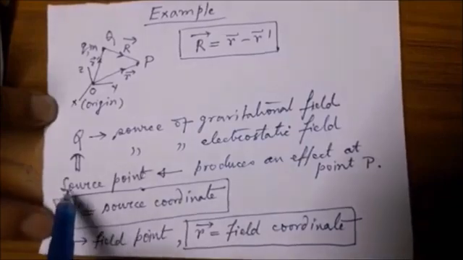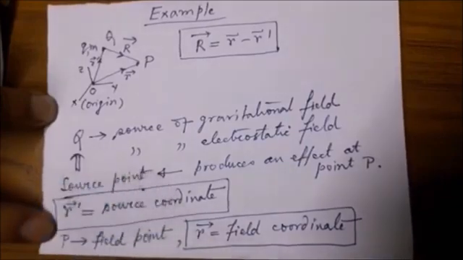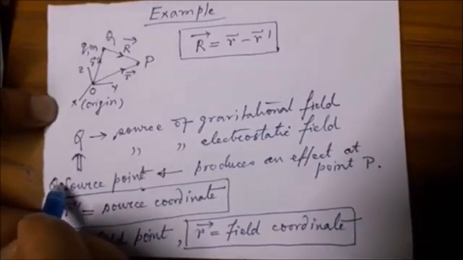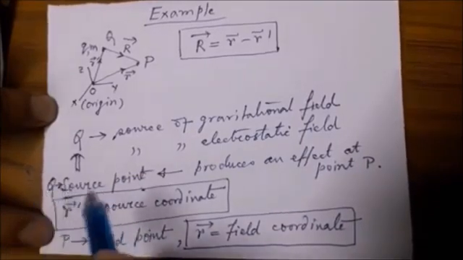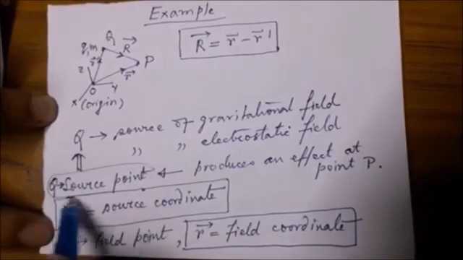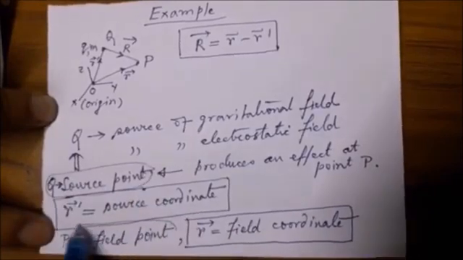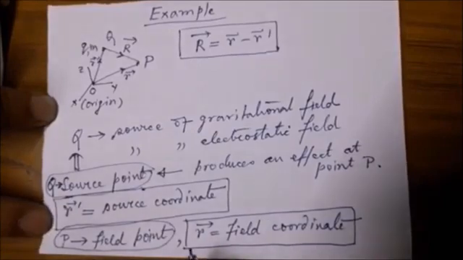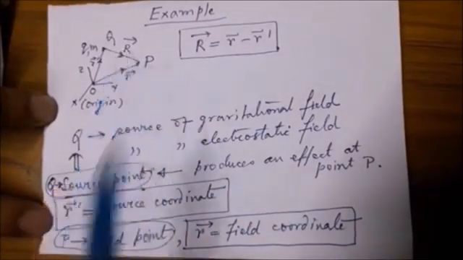So Q is the source point and P is the field point. So these are very important terminologies which will be used very widely, frequently in physics. And what is the significance of R then?